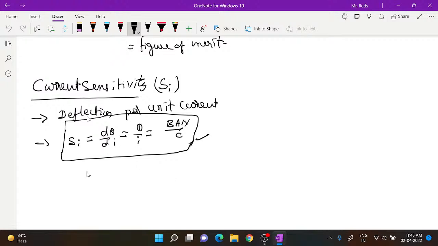Next point is voltage sensitivity for a galvanometer.